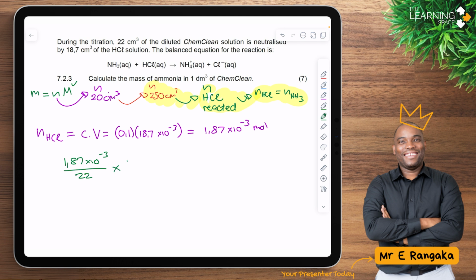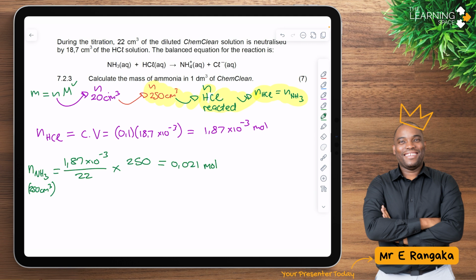So we're going to multiply that by 250 cubic centimeters, and that will give us the number of moles of ammonia, of NH3, in our 250 cubic centimeter sample. Right? If you plug that into your calculator, you should get an answer as follows, right? So you'll get 0.021 moles.